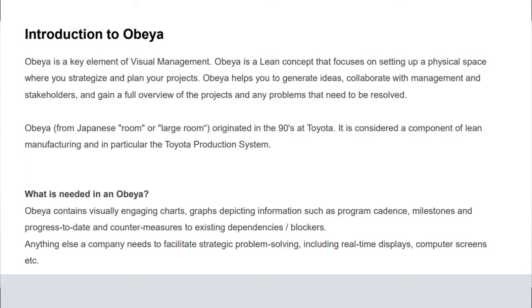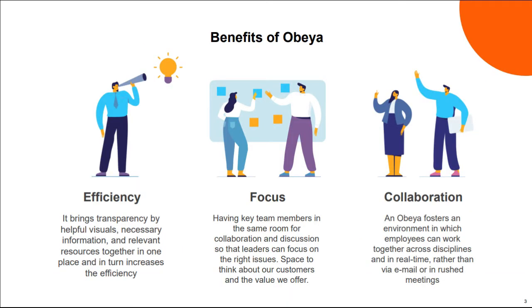On the next one, what are the benefits of Obeya? Quickly, it improves our efficiency, because when all the artifacts are put together in one room, it becomes transparent for people who don't even have the view.